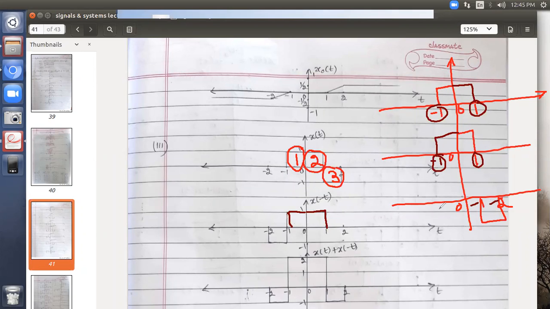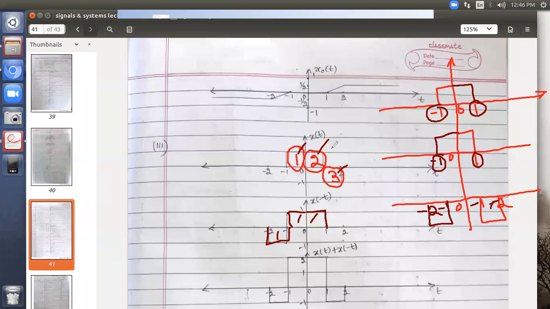The range is now between -2 and -1. So between -2 and -1, the third part exists. This is how the three parts of the signal have been drawn: 1, 2, and 3. This is the reflected version.